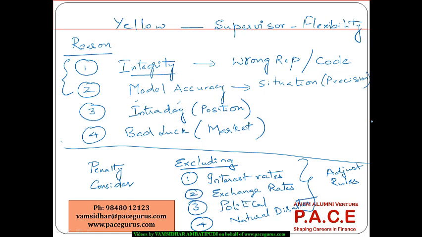Now here the most important thing in the entire backtesting mechanism is, how do I really segregate bad luck because of the market related changes from a faulty model? The whole crux in the backtesting process lies in this. So it is like balancing between rejecting a correct model, which is bad luck, and not rejecting a faulty model.